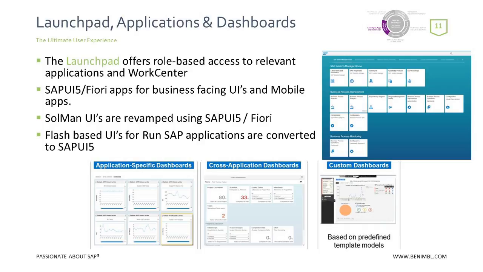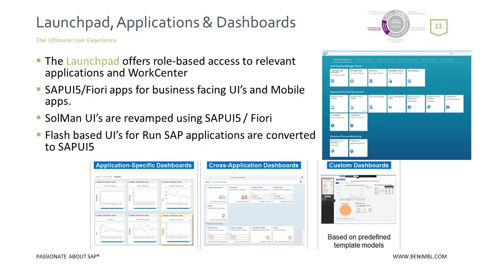Everything has been brought into either an SAP UI5 or a Fiori app. So you execute a particular transaction, and there you have the Fiori app that's available for you. Any business-facing UIs, mobile apps are also now SAP UI5 and Fiori. Everything in Solman. So for customers that have been using Charm, for instance, yes, the change document used to open up in web, but you go into the task list and you're back into the graphical user interface.